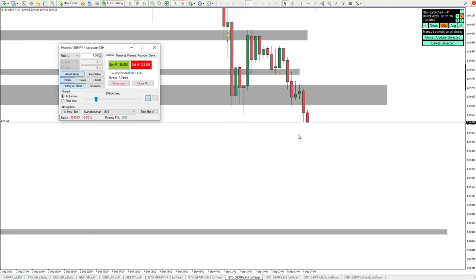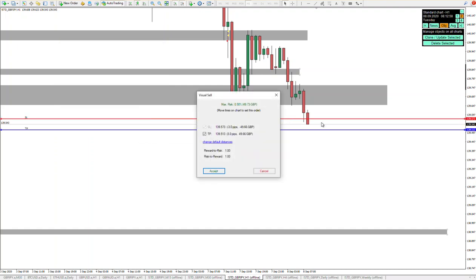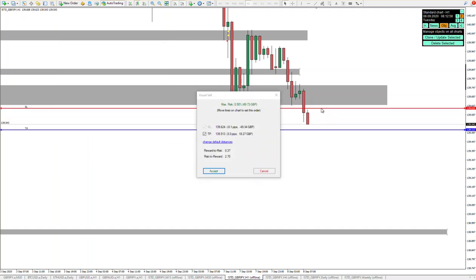Let me put a very little trade on, just to see what's happening. Okay, let me do it. But I don't have guts. 0.5%. Putting my stop there, like there.